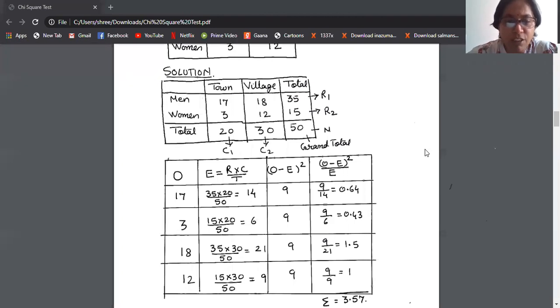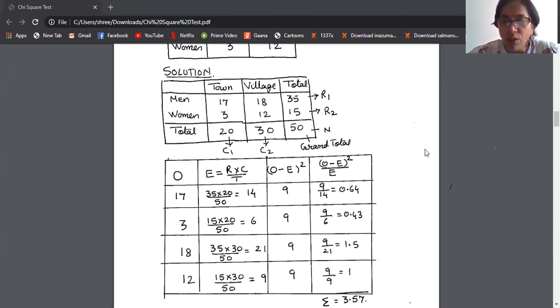Go down, the corresponding column total is 20 and the grand total is 50. So for 17, the expected frequency is going to be 35 into 20 divided by 50. So just take the row total, take the corresponding column total, multiply them and divide by the grand total. That will be your 14.